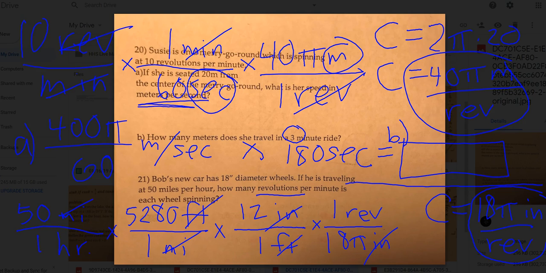I've got to get it to revolutions per minute, so I have one more fraction to multiply by: 1 hour over 60 minutes. Then my hour units will cancel out. So now the only thing I have left is revolutions on the top and minutes on the bottom. So you multiply everything on the top, and on the bottom you have 18 pi and 60.